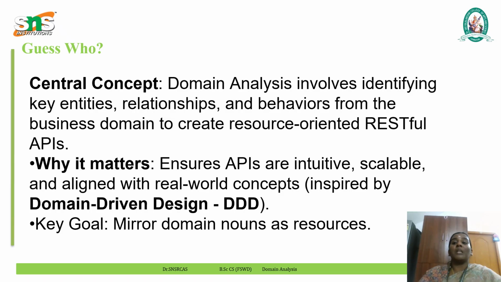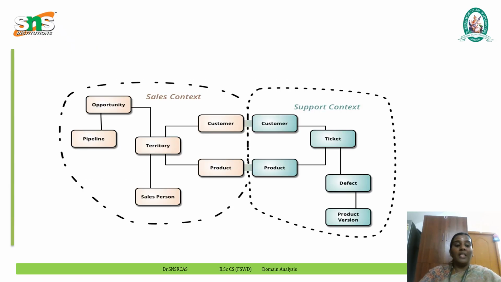It helps to improve communication, and in domain analysis the technical people are called domain experts. This is the sales context diagram with the supporting context diagram. The first one has opportunity, pipeline, territory, customer, product, and salesperson.